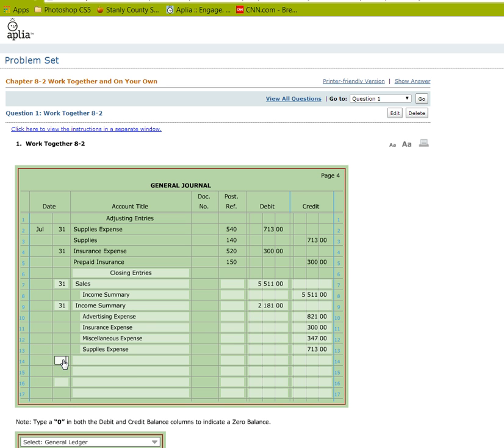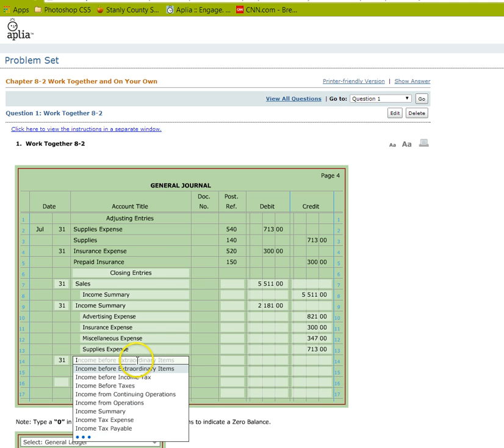So now we're going to close income summary, which is on page 211. The difference between 5511, sales minus expenses, is what will be our amount. So we had a credit balance in income summary.